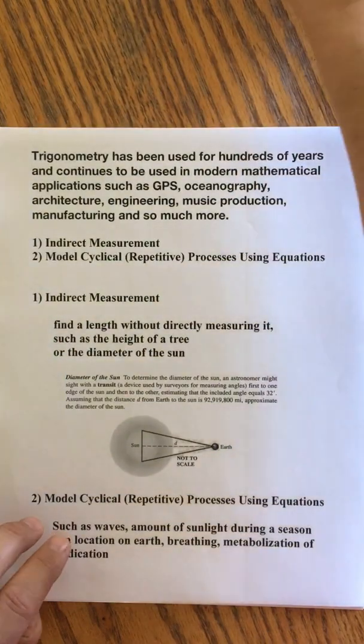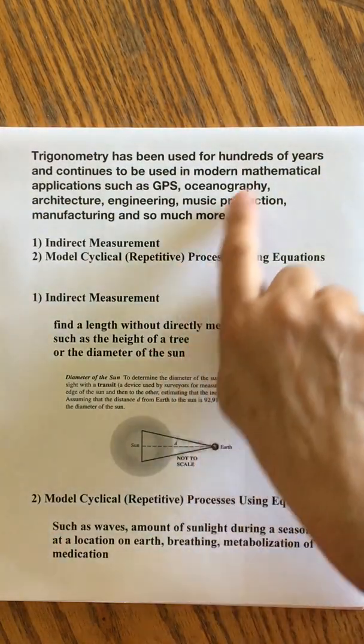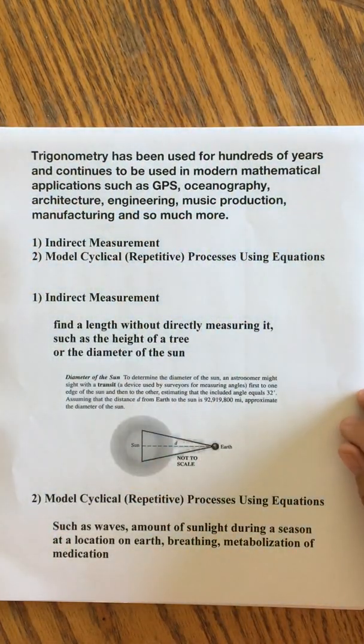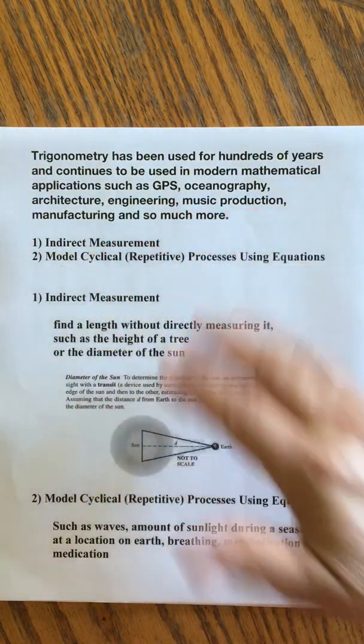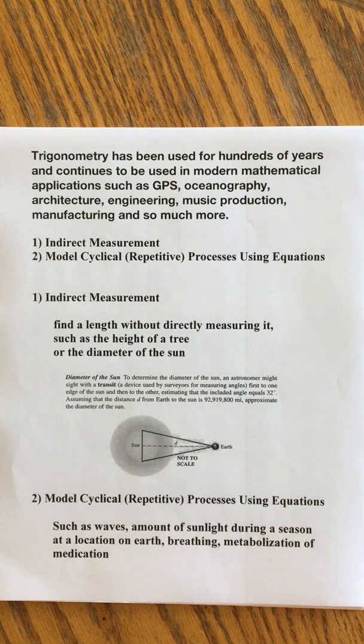All right. So first I want to mention, I have this blurb here on your home page on how important trigonometry is and where it's used in so many applications: GPS, oceanography, architecture, engineering, really so much more.